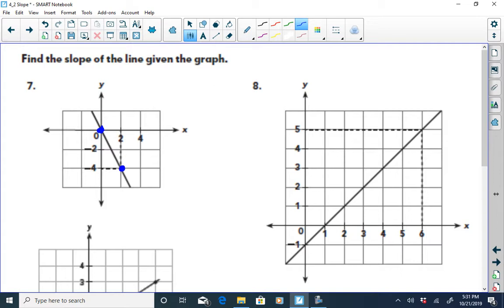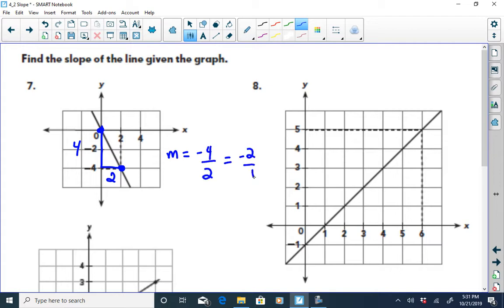But I want to use this point here because I know the exact x value is 2, the exact y value is -4. Our vertical change here from 0 to -4, vertical change of 4. My horizontal change from 0 to 2 is a horizontal change of 2, right? But the line goes down from left to right, so my slope is -4 over 2, which simplifies to -2 over 1.